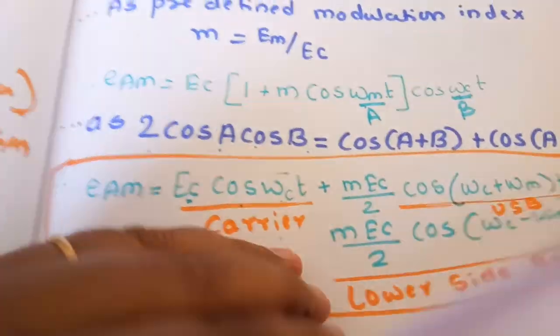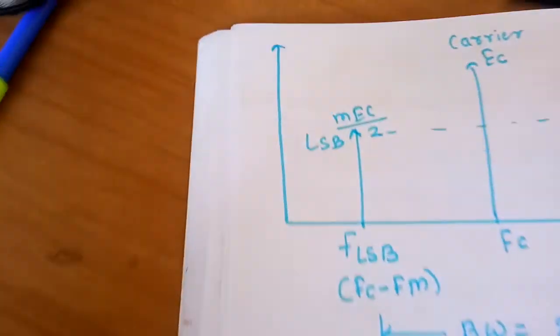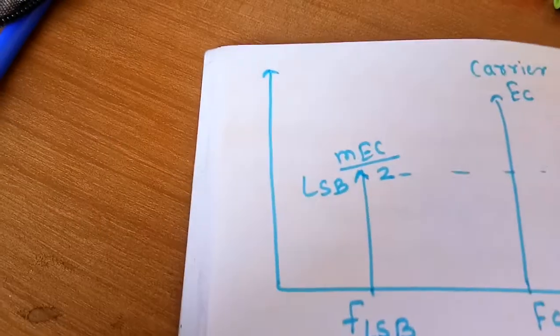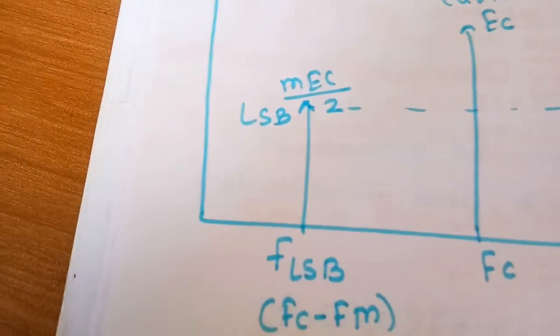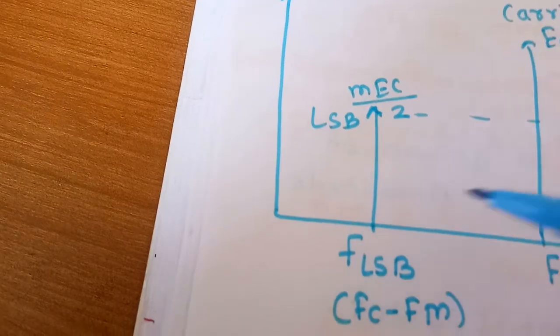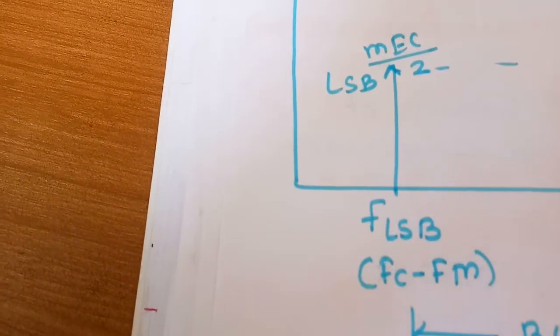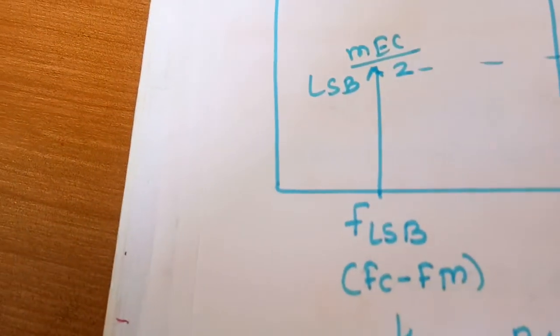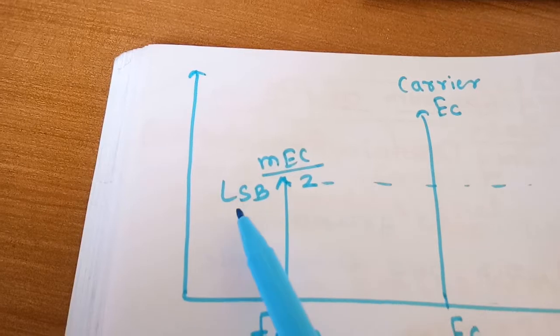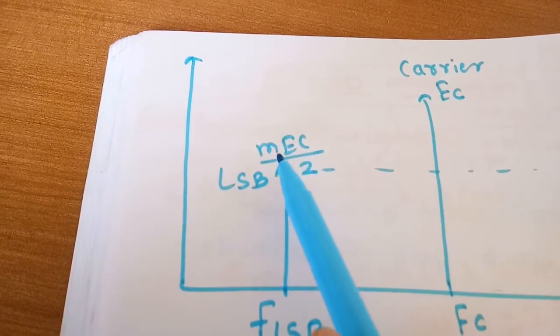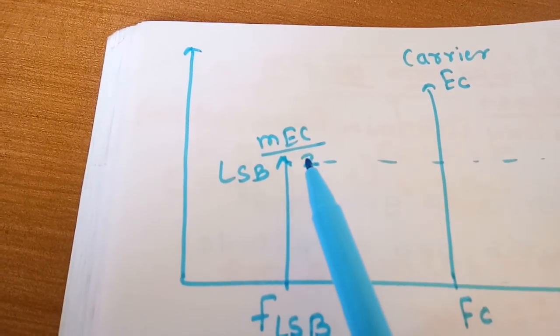Now we will see the graph of amplitude and frequency. The amplitude of the lower sideband component is M EC by 2.